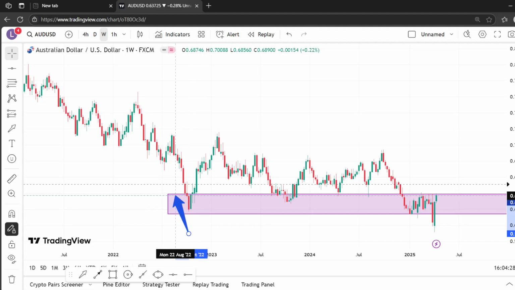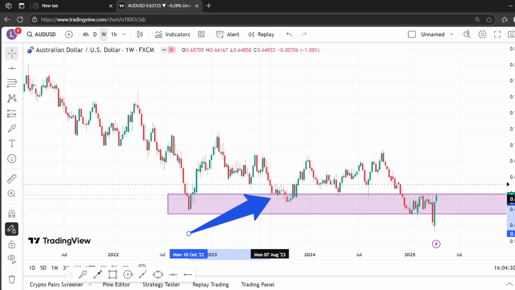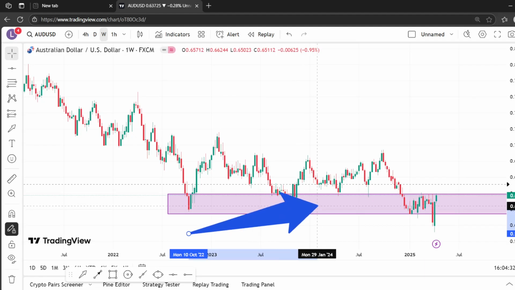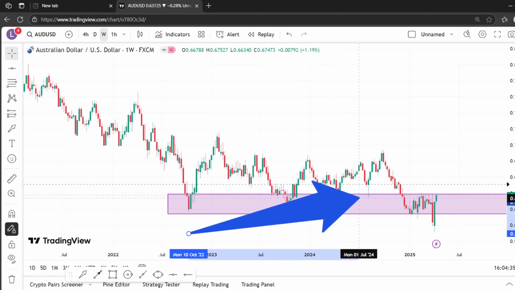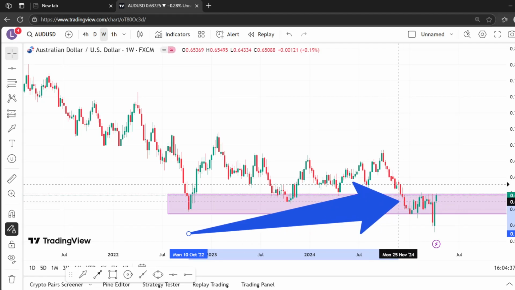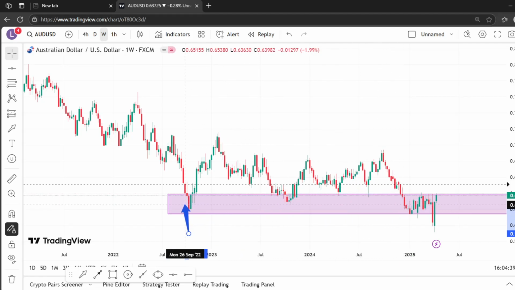So this zone here is actually a trap. This zone here is designed to attract the support and resistance traders, the supply and demand traders to come into the market.